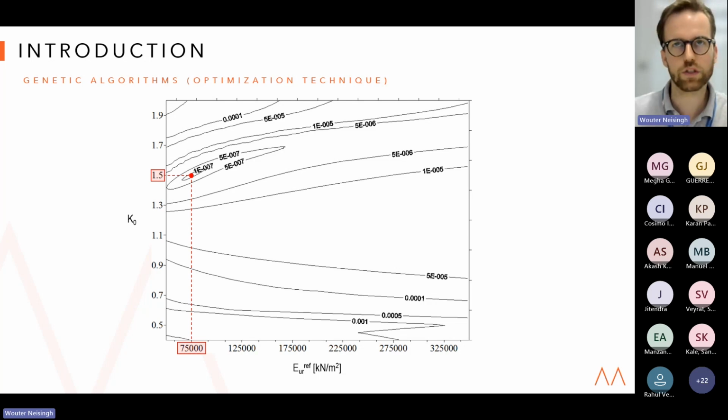On the horizontal axis, you see the reference modulus of elasticity for unloading and reloading of the soil. That's a critical parameter because it's used in advanced constitutive models for finite element analysis, like Plaxis, for example. Then you see the red dot on the screen. That serves as your monitoring input or your design criteria.